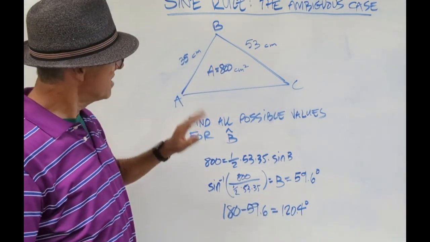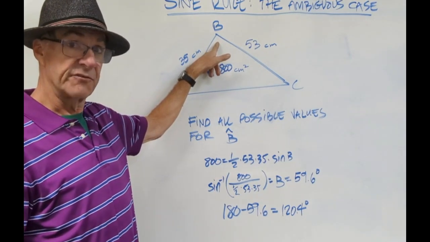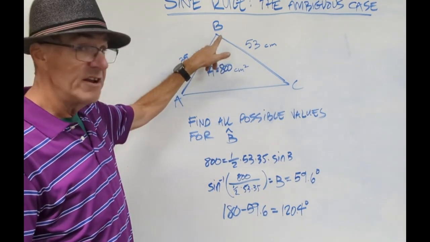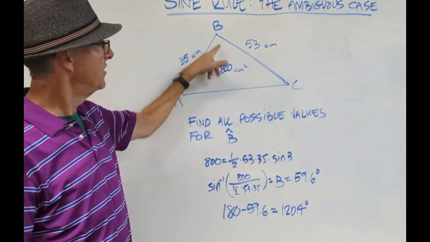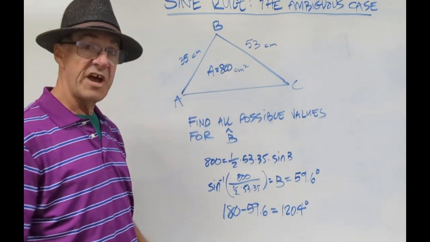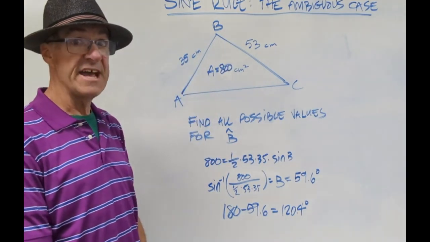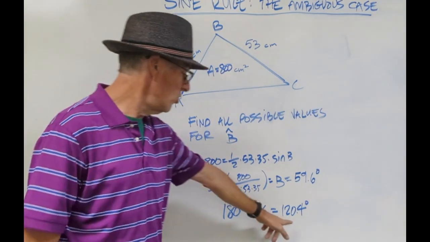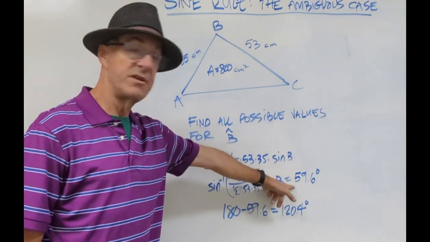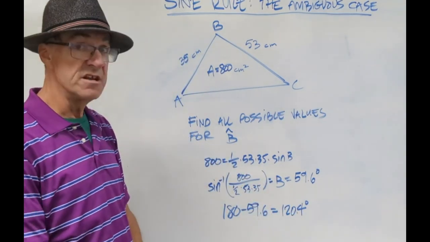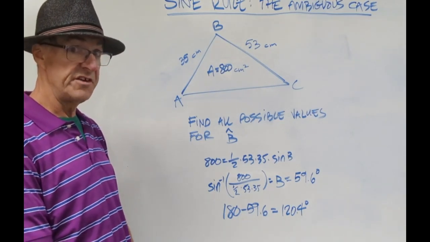So in this diagram, that would be the correct answer for angle B. It's clearly not 59 degrees. So if I just said, according to the diagram there, use the information to find angle B, you would have to go with that answer. This one would not be full points because it's obviously not the correct one for the diagram.